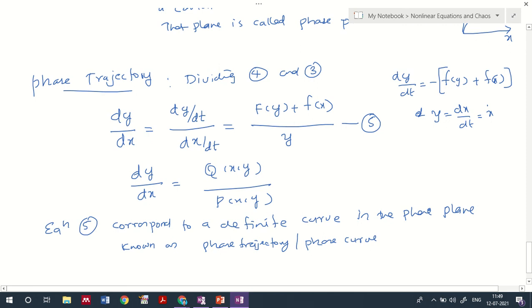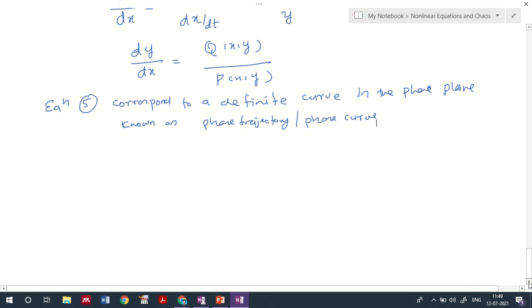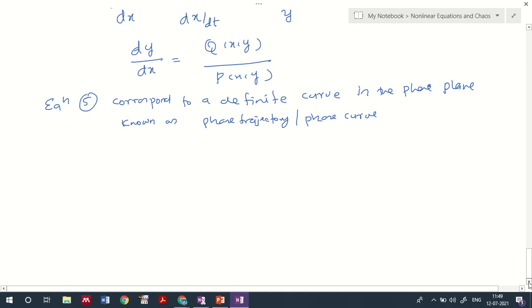So phase trajectory or phase curve you will be getting, because you can understand that from the curve itself. If there is a variation with respect to x, there will be a trajectory corresponding to that, which you can trace out, and that is called the phase trajectory. It is very simple, but it is very important to understand.